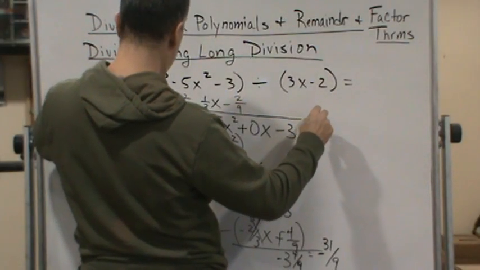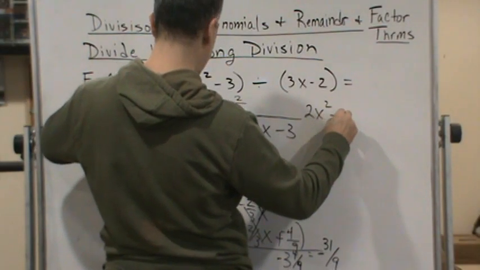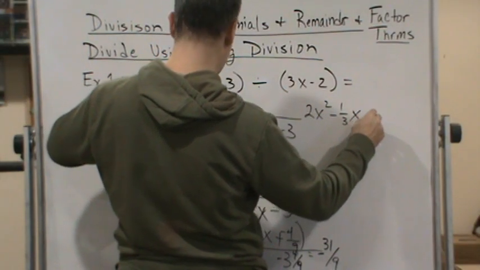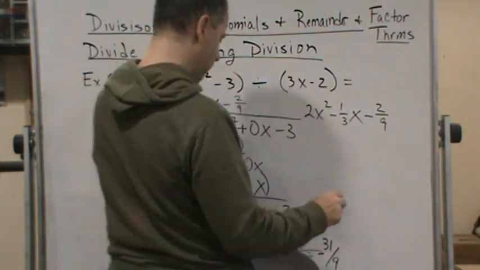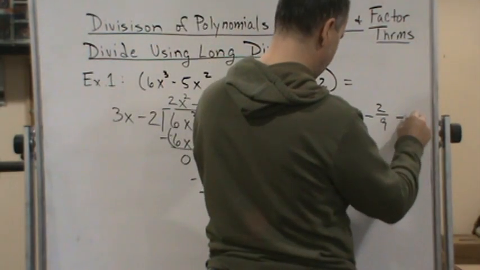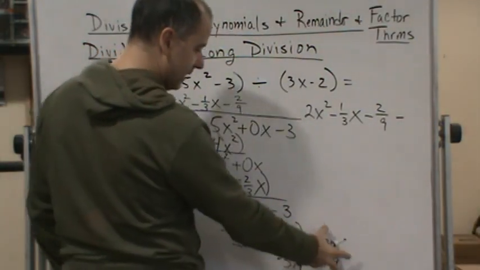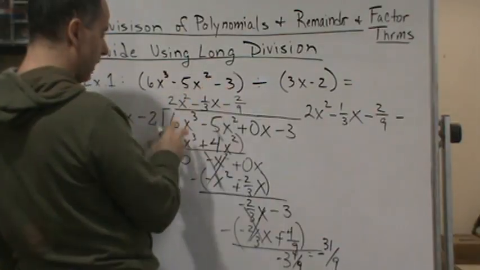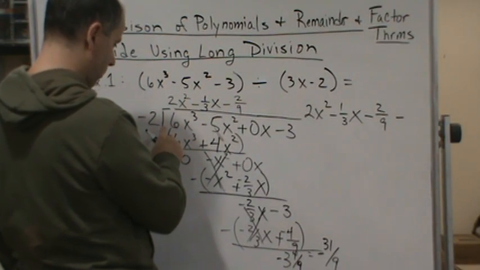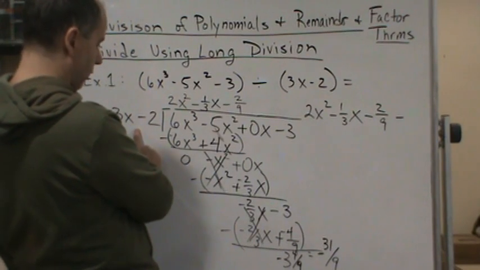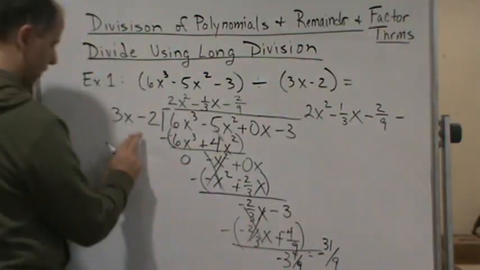It's going to be equal to 2x squared minus 1/3 x minus 2/9 plus the remainder, minus what? Remember, the remainder is this number divided by the divisor. So the remainder that's left over is this divided by that.